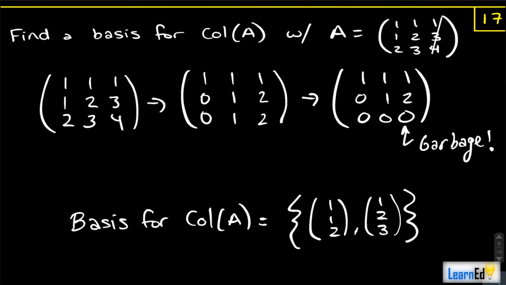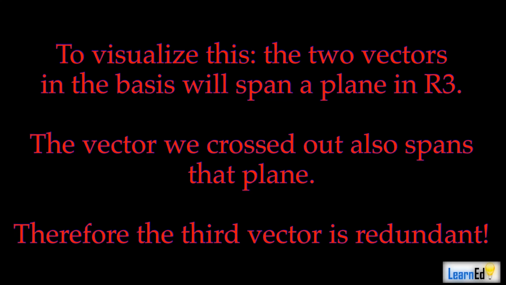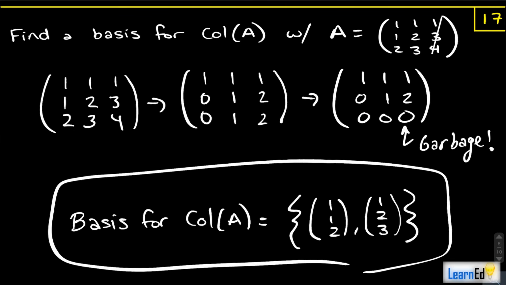Those are the original vectors. All we did here was find that the third vector was useless. So this is the answer to problem 17.